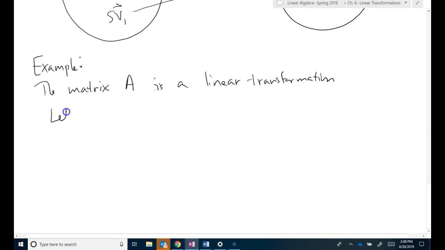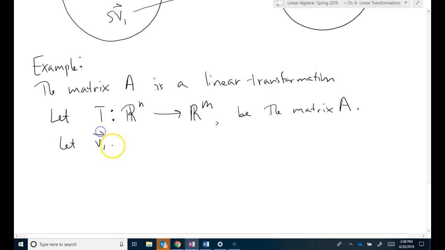So let T, Rn to Rm, be the linear transformation A, be the matrix A. Okay, so if I take a vector, and then we'll let V1 and V2 belong to V.